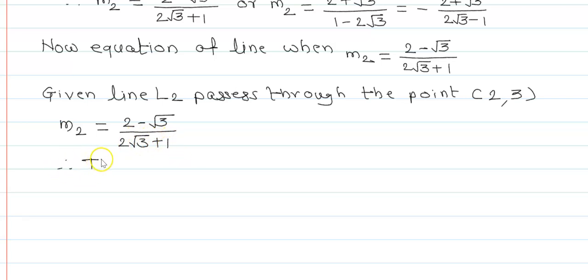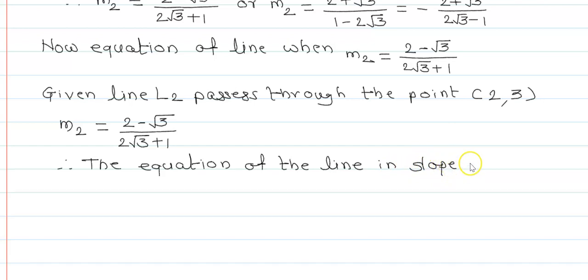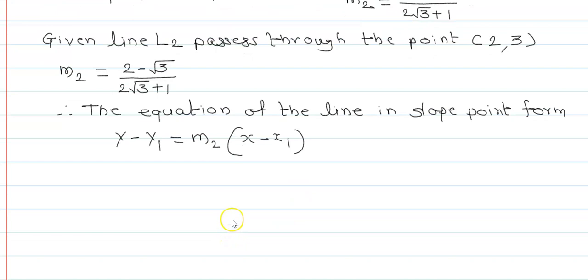Therefore, the equation of the line in slope point form, that is y minus y1 is equals to m2 in bracket x minus x1.